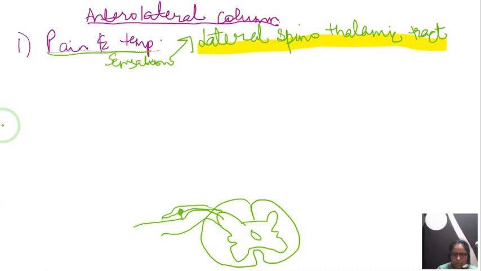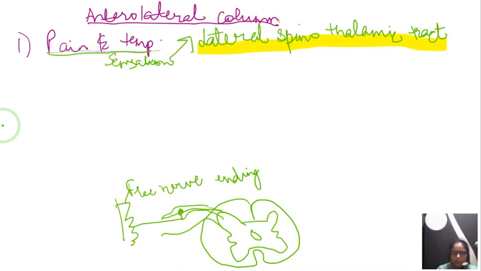And what is the receptor for pain and temperature? Free nerve endings. Free nerve ending is the receptor for pain and temperature, so it is carrying the sensation of pain and temperature.